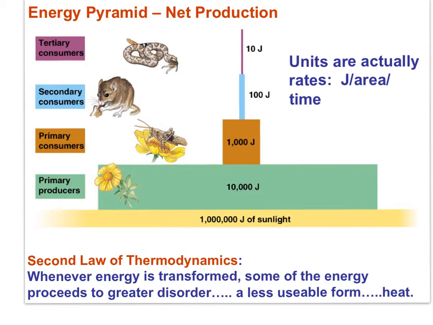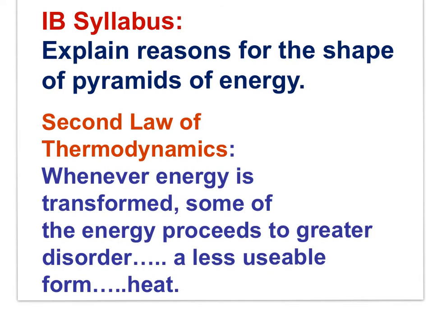Thus, energy pyramids for food chains appear as pyramids. Energy losses between trophic levels restricts the length of food chains. The biomass of the top trophic level is smallest because as organic molecules are broken down, carbon dioxide is released along with the heat. Here is the relevant IB syllabus statement.